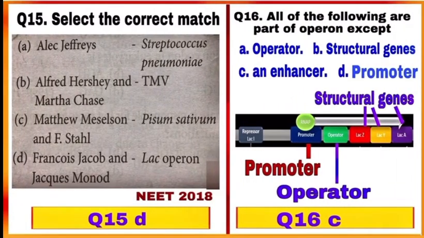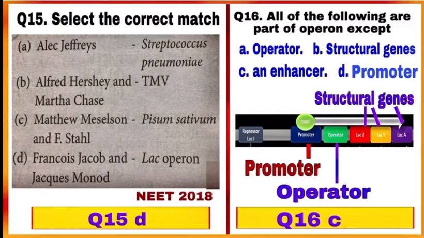Question number 15. Select the correct match. Options A, B and C are wrong matches. See option A. Alec Jeffreys in 1984 invented DNA fingerprinting. B. Alfred Hershey and Martha Chase proved that DNA is genetic material using bacteriophage.